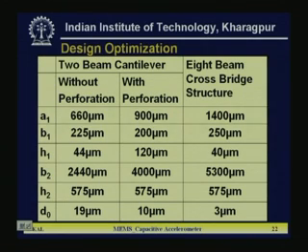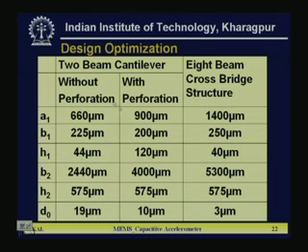Now, these are some optimized values where 2 beam cantilever without perforation and 2 beam cantilever with perforation, the A1, B1, H1, B2, H2, D naught, these are the parameters, and for 8 beam cross bridge structures, these are the A1, B1, H1, B2, H2, D naught. So, with this kind of optimized value of the dimension, we can achieve the targeted simulated value.